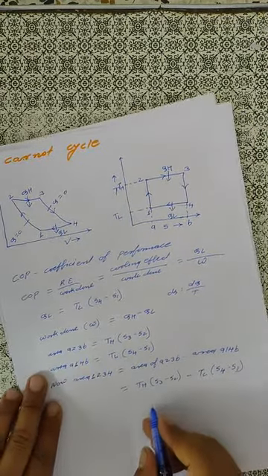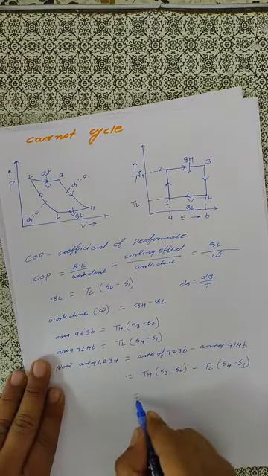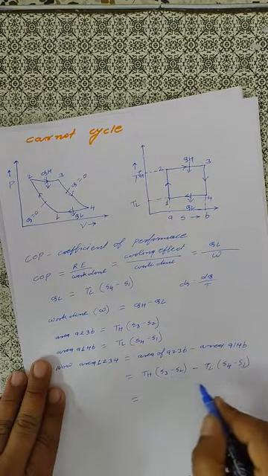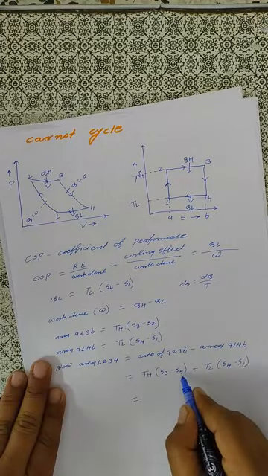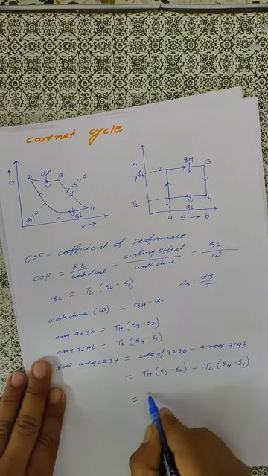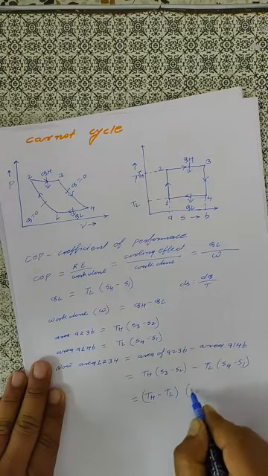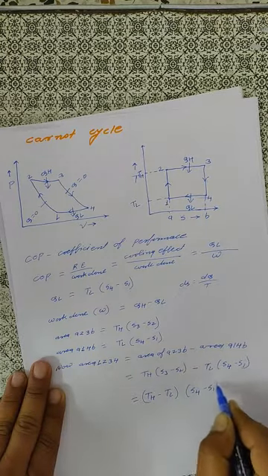Okay. Now we know that S3 equal to S4 and S2 equal to S1, that is TH minus TL into S4 minus S1.